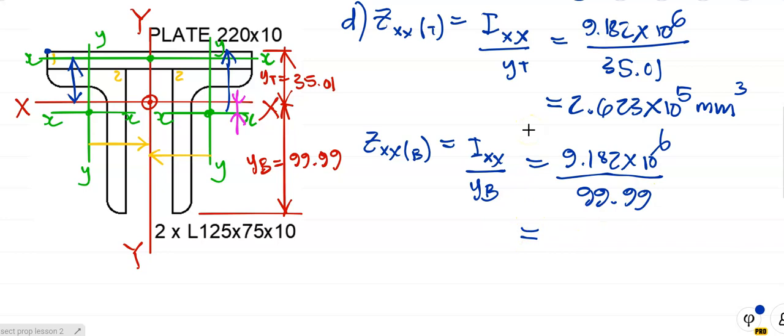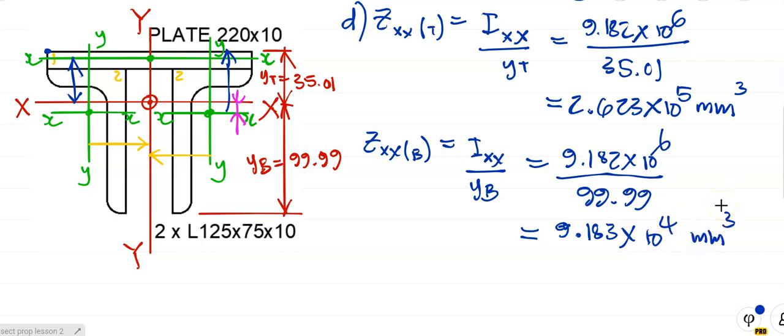And I get that there. Don't write it down. Do the calculation yourself. That's how you practice and learn. Check your answers against mine. And I got 9.183 times 10 to the power 4 millimeters cubed.